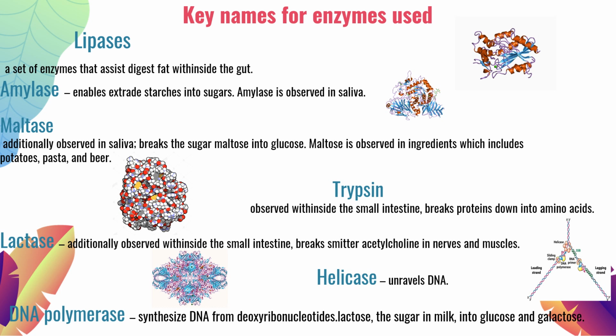The number 5 is lactase, additionally observed inside the small intestine, which breaks lactose, the sugar in milk, into glucose and galactose. The number 6 is helicase. It unravels DNA. And the last is DNA polymerase. It synthesizes DNA from deoxyribonucleotides.